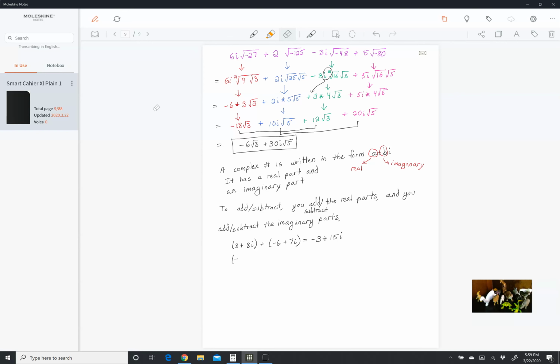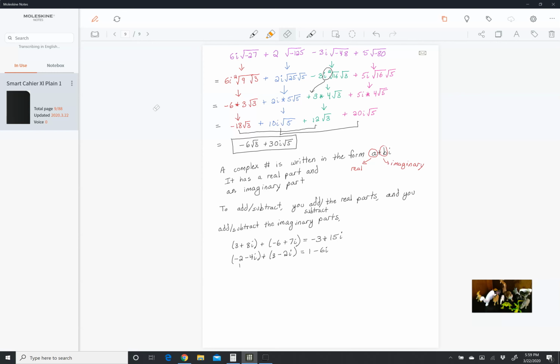If we have negative 2 minus 4i plus 3 minus 2i, negative 2 plus 3 is 1. And negative 4 plus negative 2 is negative 6. So we get 1 minus 6i.